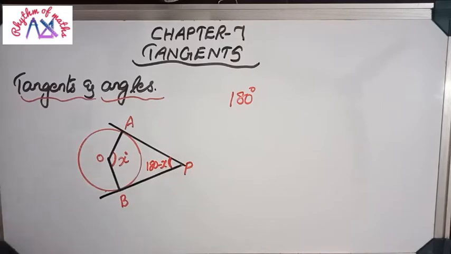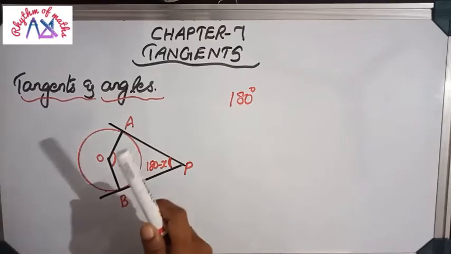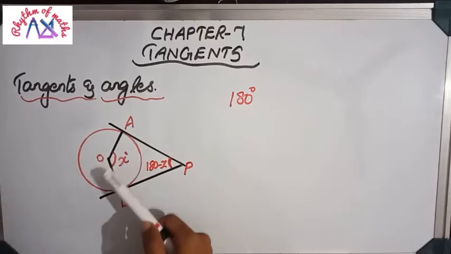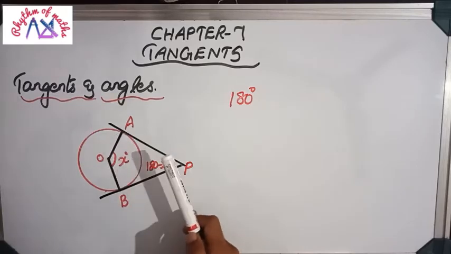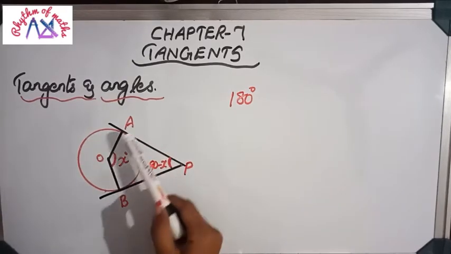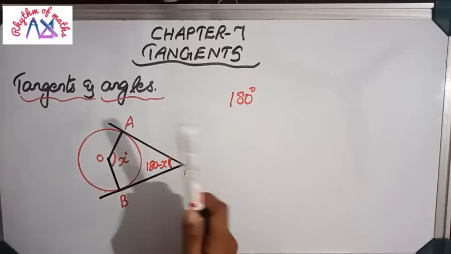These two angles sum will be what? Supplementary. Okay, so this is the concept you have to learn in this section, and by using this you have to do problems also. Angle between the radius through 2 points and the angle between the tangents through the same point are supplementary.